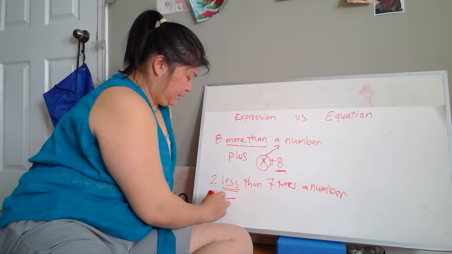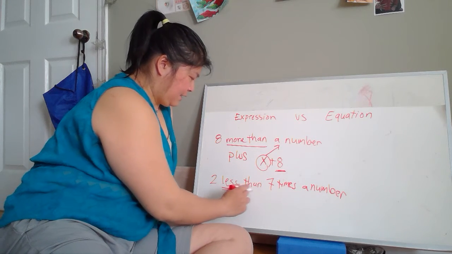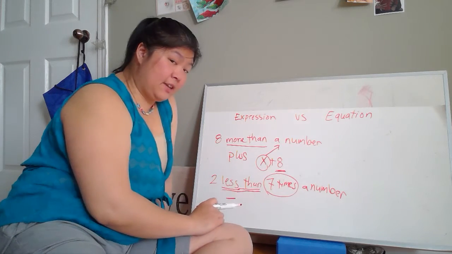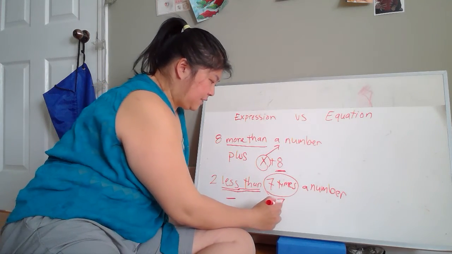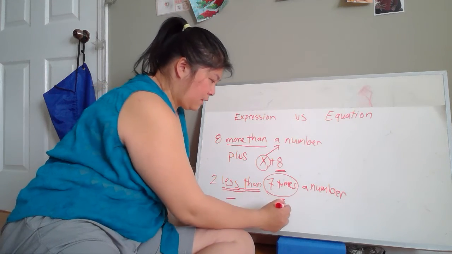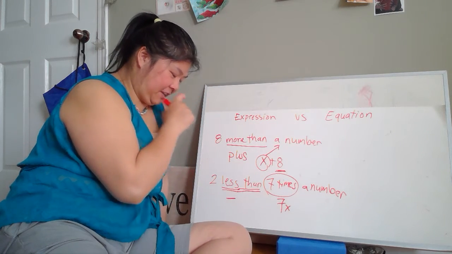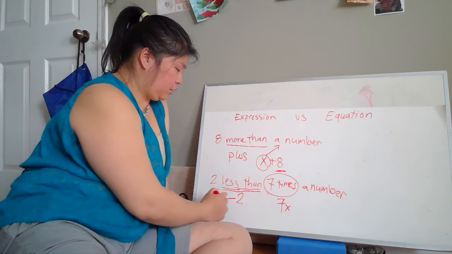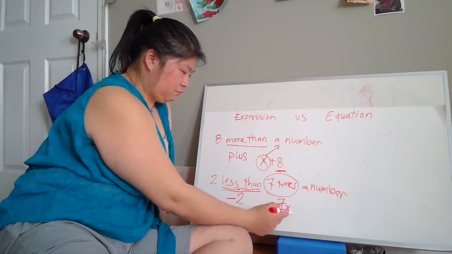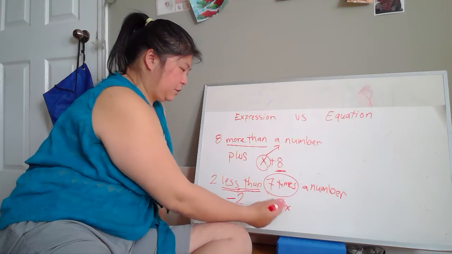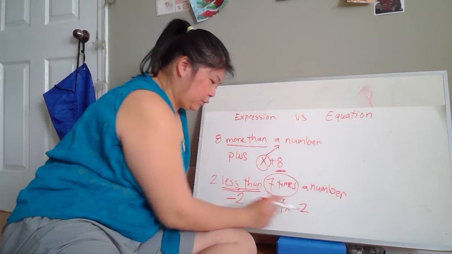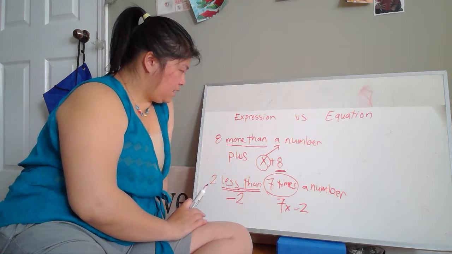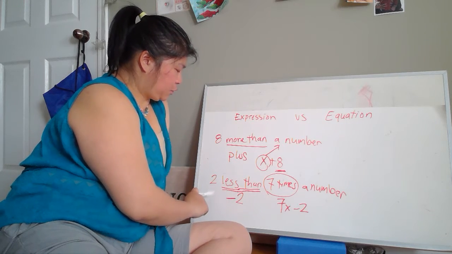That means minus. 7 times a number, so we can use x, 7x, but then it's 2 less than that, so it's minus 2. That's an addition and a subtraction.